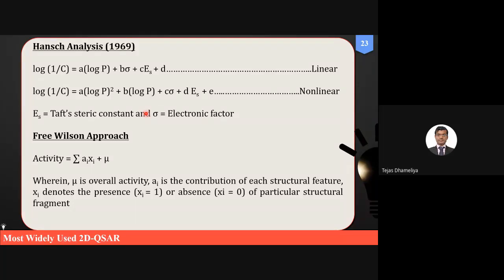The approach these two persons developed is called the Free-Wilson approach. So two approaches are there. We will be learning these two approaches in depth. What is called Hansch analysis is a linear kind of approach. The other kind of approach is the non-linear approach.